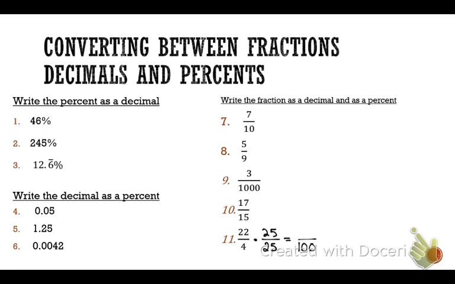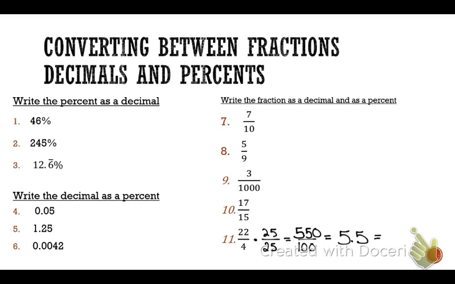What's 22 times 25? 550. Okay? All right. But it doesn't say to write the fraction as a bigger fraction. It says to write the fraction as a decimal, which means that I'm now moving my decimal left 2 places to divide by 100. 5.5.